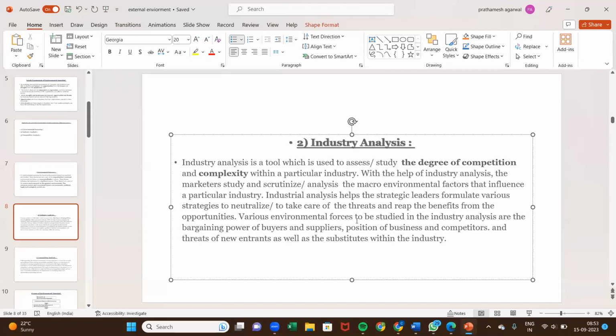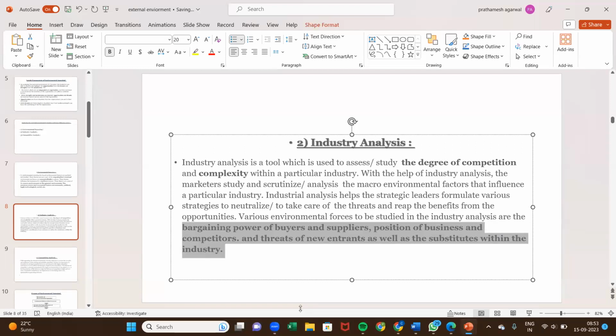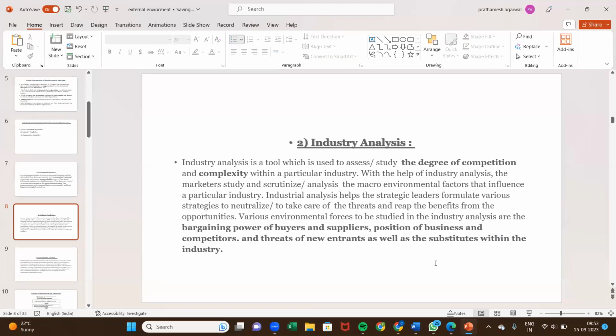What are the various environmental forces to be studied in the industry analysis? The bargaining power of buyers and suppliers, position of the business, competitors, and the new entrants. Who else is entering into the market with the same product?